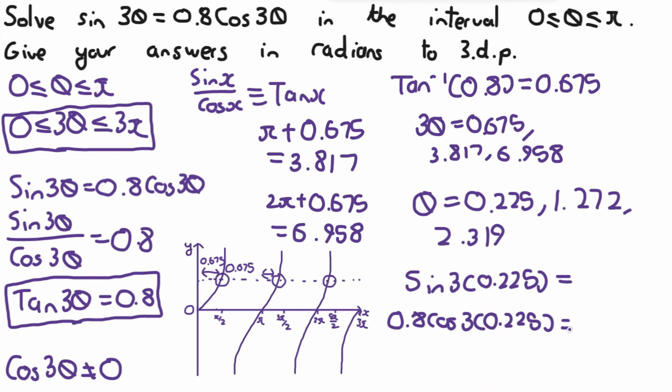And if you put both of these into the calculator, you get out the same value, 0.625 and 0.625. They equal each other as they need to in the equation when you get the values of theta.